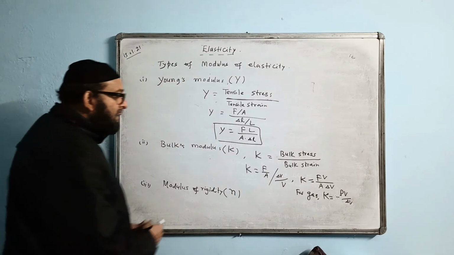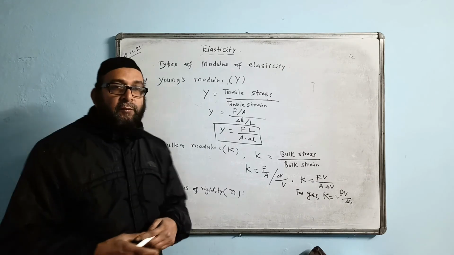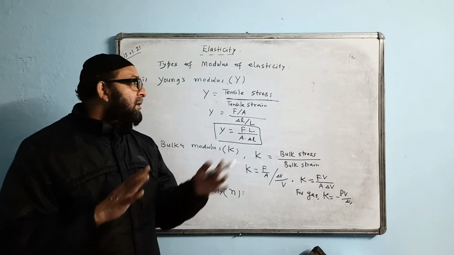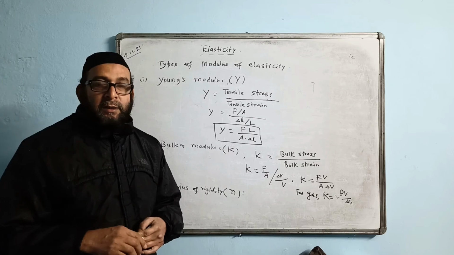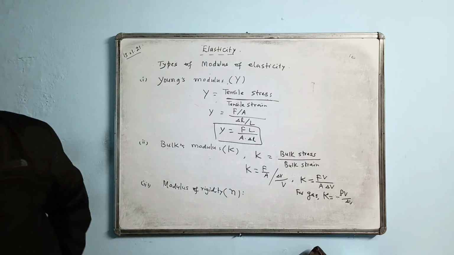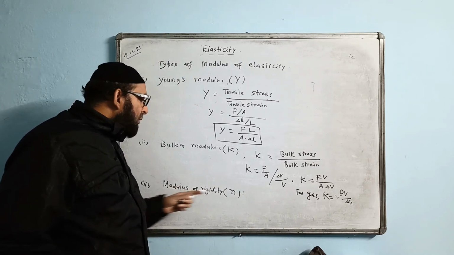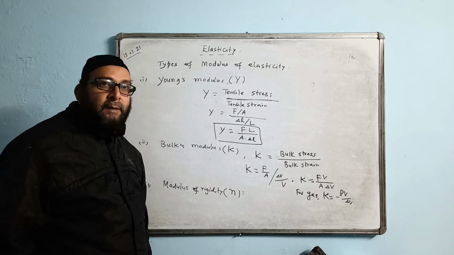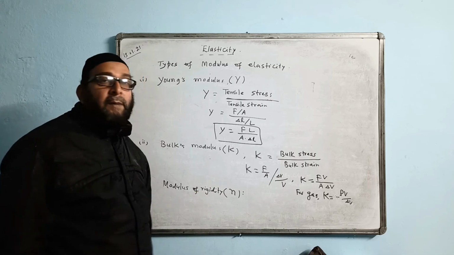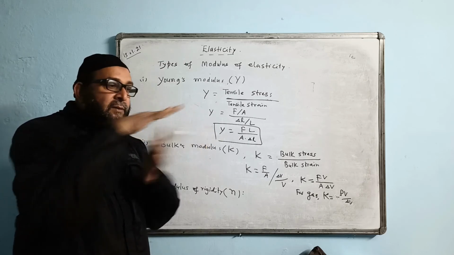What is modulus of rigidity? Sometimes the deforming force will change only the shape of the body without changing its dimension. Such a modulus is called modulus of rigidity. This modulus of rigidity comes into play when the force is acting on a body tangentially, just surface-wise.